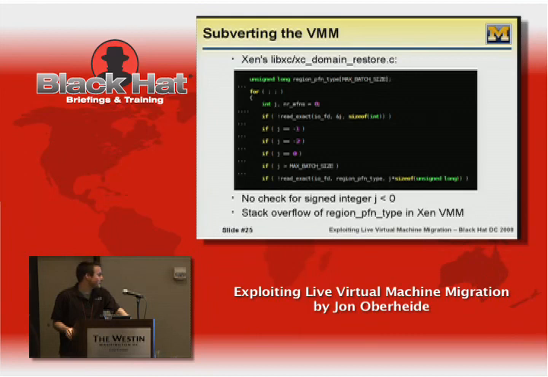And then we go ahead and read a large amount of data into that stack variable, except that we don't actually perform a check to see if j is less than 0, resulting in a large amount of data being read into the stack, overflowing that variable and smashing the stack, taking control of the virtual machine monitor.